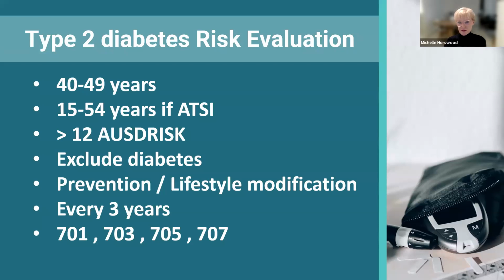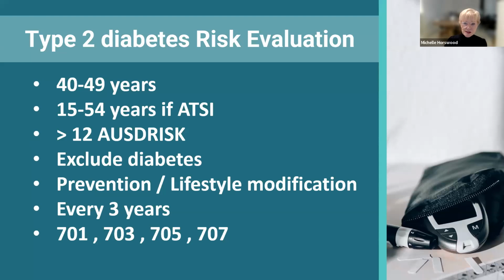Now, this can be done sitting in the waiting room. We can give them out to the patients who fit into that age group. And if they've come to the doctor for something else, they can be booked in for further assessment down the track. The GP needs to exclude that the patient has diabetes, and we also need to give them information about prevention of diabetes itself and what lifestyle modification they need to undertake.